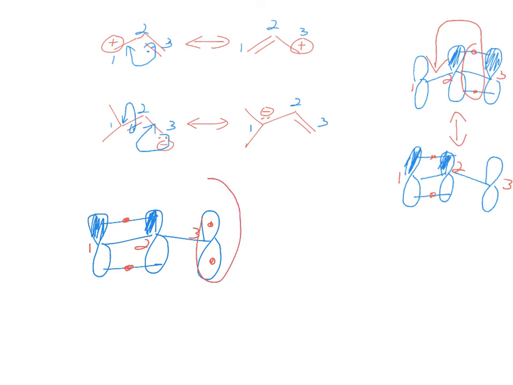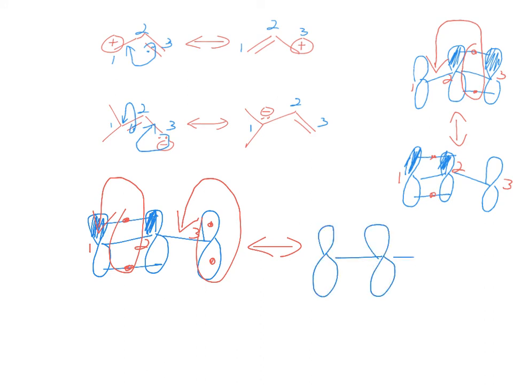If I take these two and go there, I form a new pi bond between 2 and 3, and then these two electrons end up on carbon 1. So what's that look like then? One, 2, 3. Now the electrons moved to carbon 1, and that's represented up here between these two things.